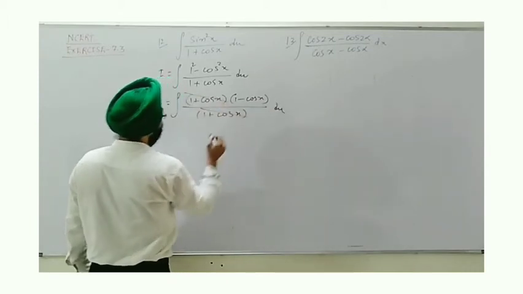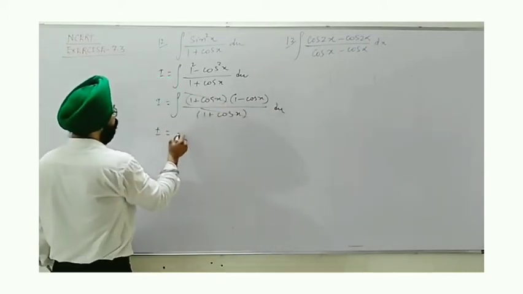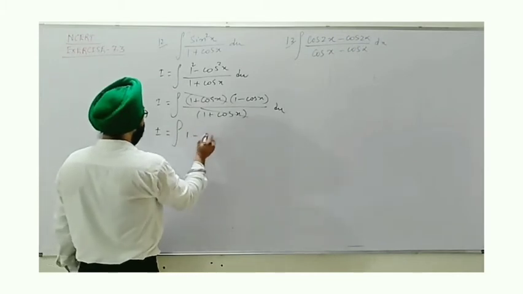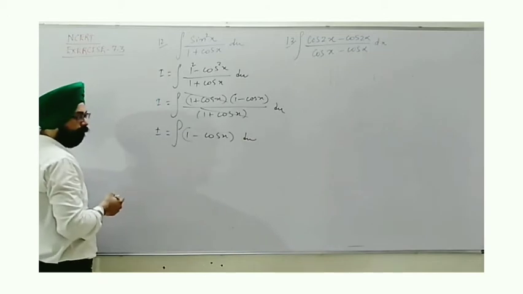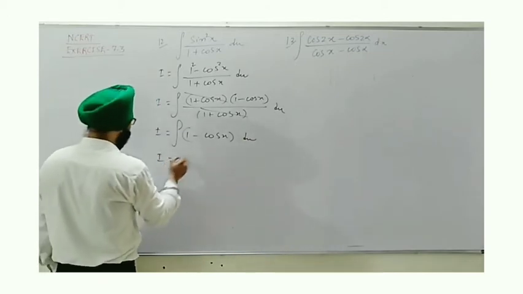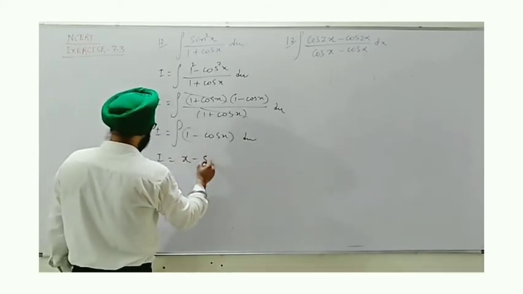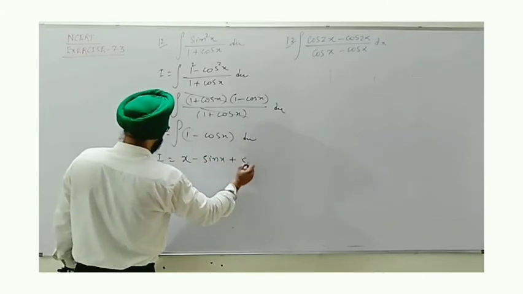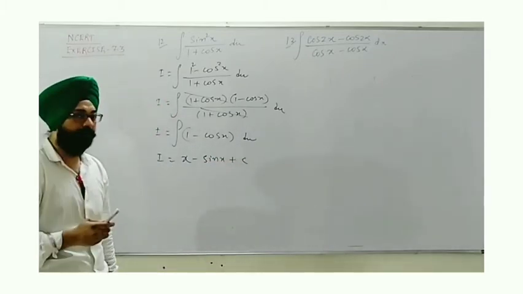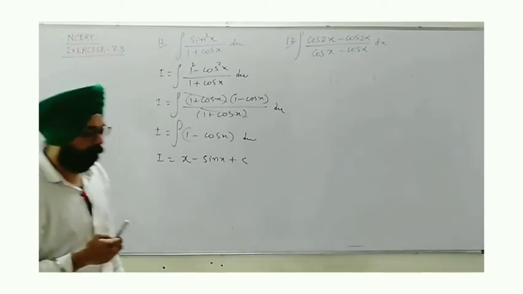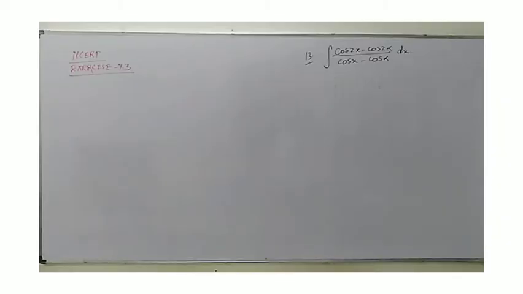These two brackets easily cancel out, and the function becomes a very easy form, 1 minus cos x dx. Directly integrable. The first term will be x, the next will be sin x, plus c. That's all. A very simple question after applying a trigonometric identity. The same for question number 13.